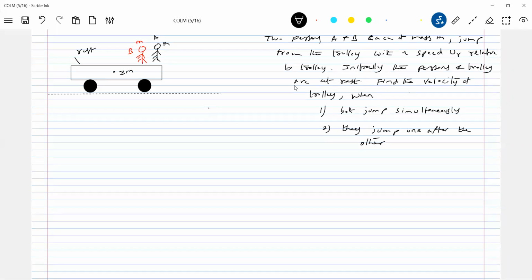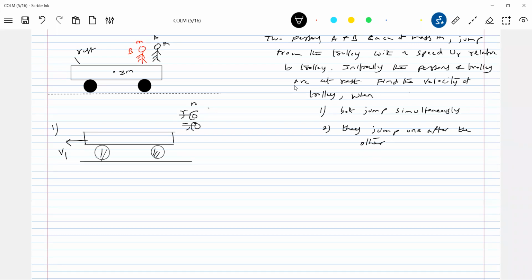So the first situation we will analyze. When both the persons jump simultaneously, let the trolley recoil with a velocity V1. Here both the persons are there. Both have the same mass.